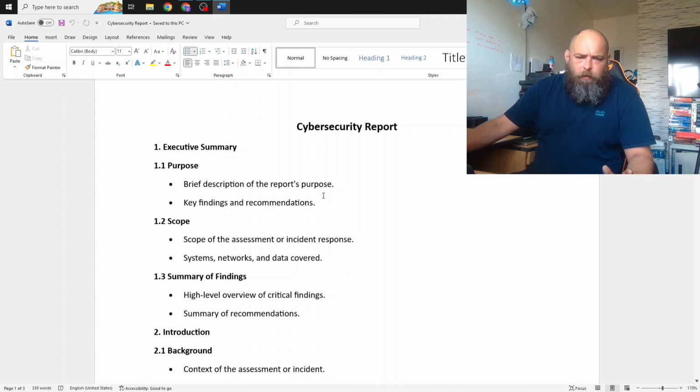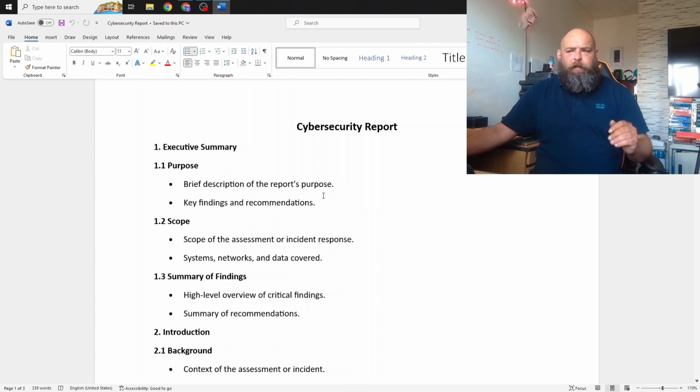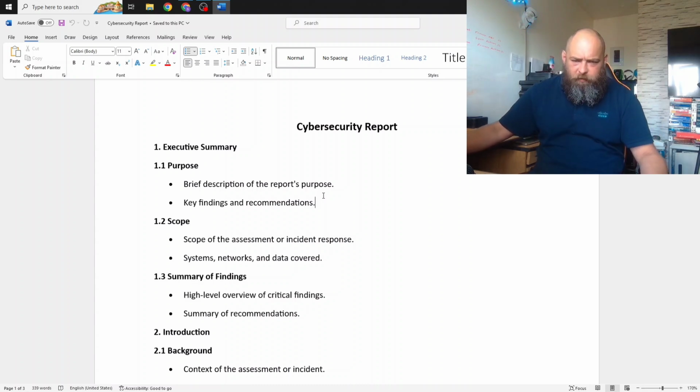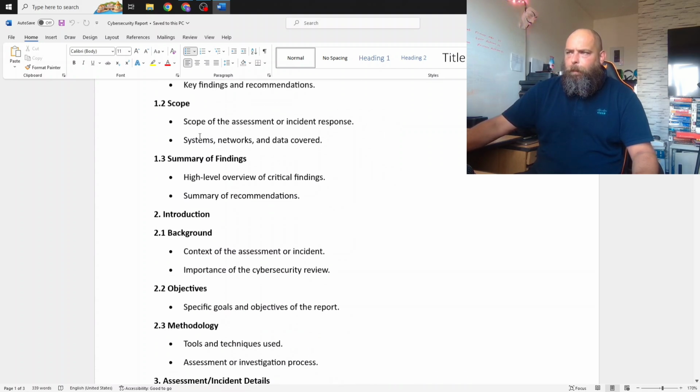Now that would involve lengthy pen tests, liaisons with security professionals, security guards, lawyers, and all of the necessary there. So working with multi-departments would bring us to our key findings and recommendations.